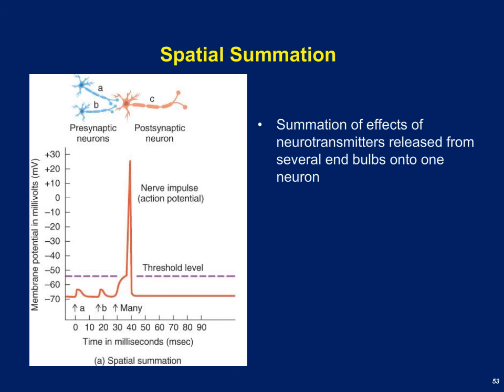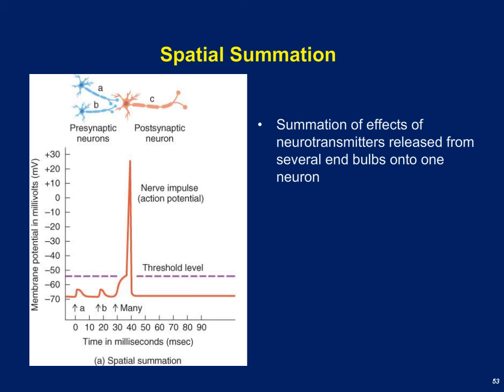Now, spatial summation results when a single postsynaptic neuron is stimulated by multiple presynaptic neurons giving the same message. For example, here you can see is our postsynaptic neuron labeled C, and it's receiving excitatory neurotransmitters from both neuron A and neuron B. Now, here you can see the effects of these neurotransmitters on the resting membrane potential.